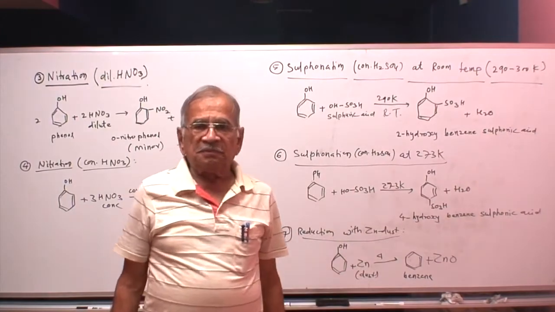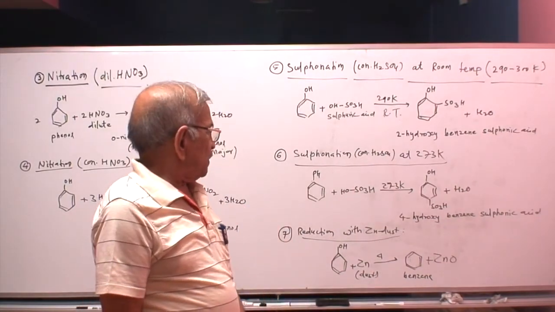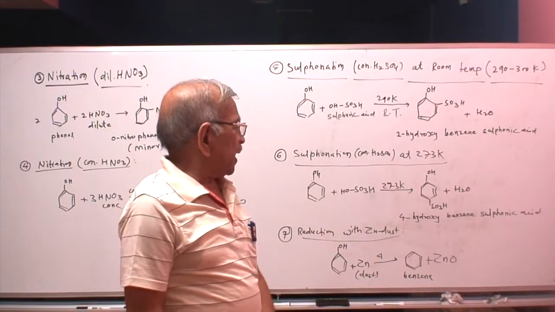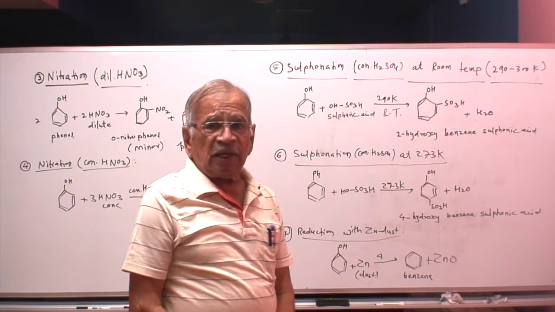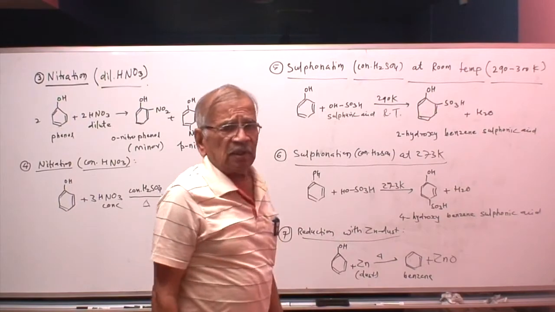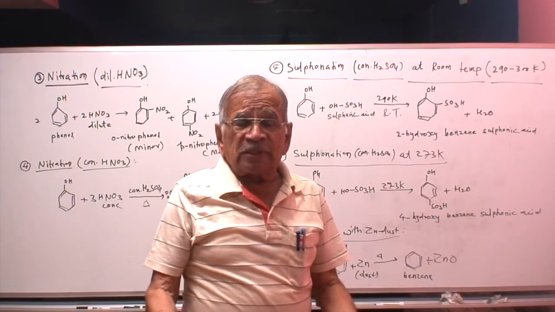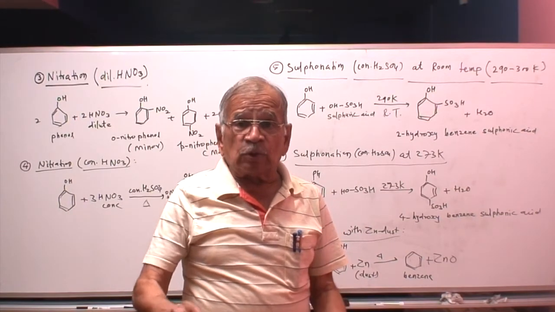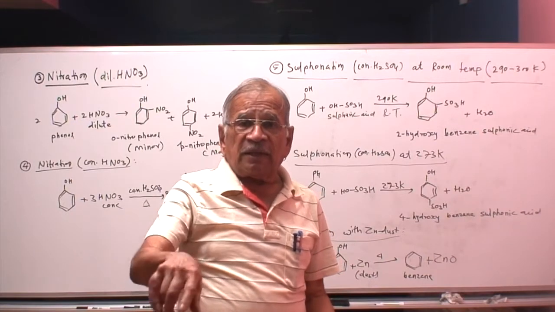para, that is 4-hydroxy benzene sulfonic acid. So remember, this is very important reaction. Sulfonation occurs in two different ways depending on temperature.